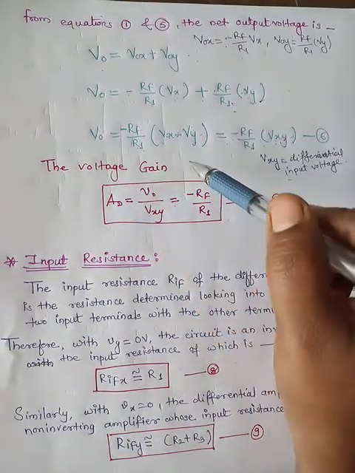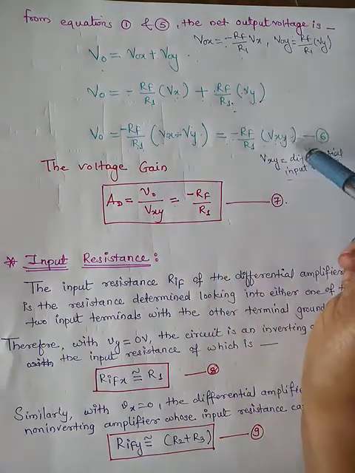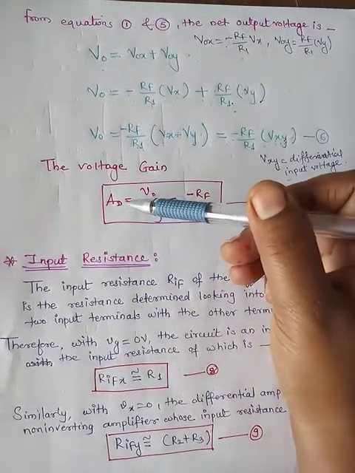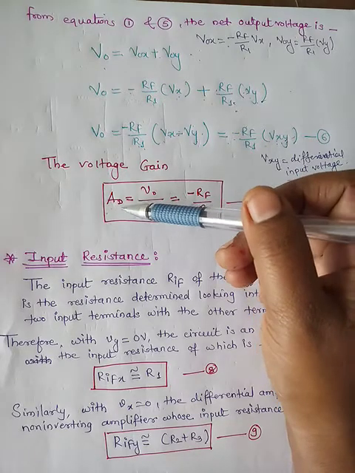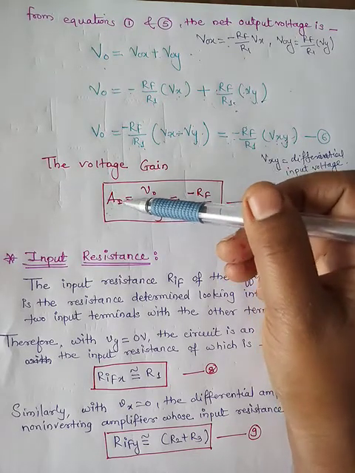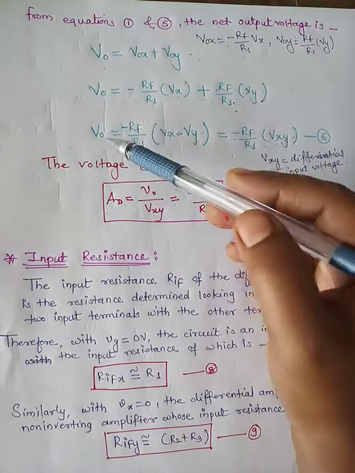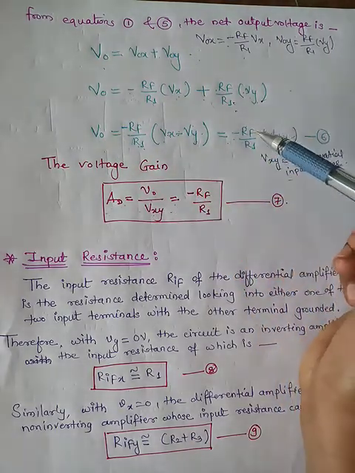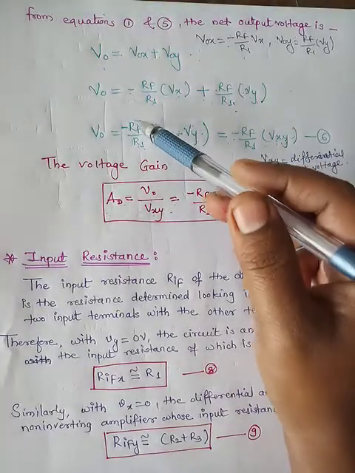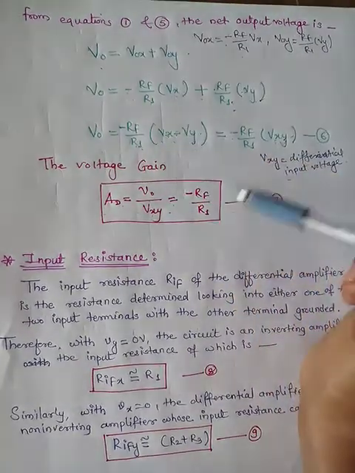So now we can rearrange this equation for the total voltage gain. The voltage gain for the differential amplifier is represented here as AD. The differential gain AD is equal to the output voltage V0 divided by the differential input voltage Vxy, which is equal to minus Rf by R1.